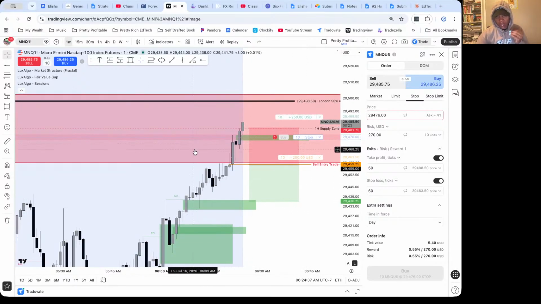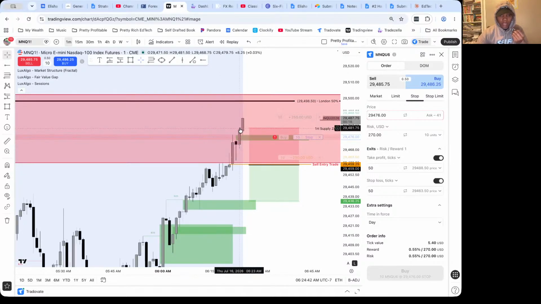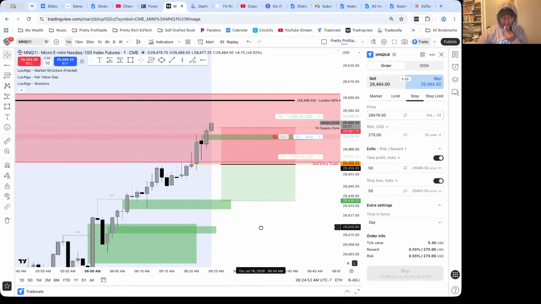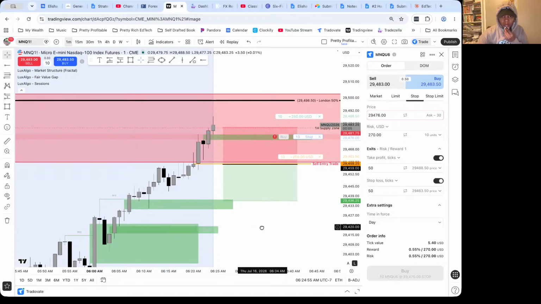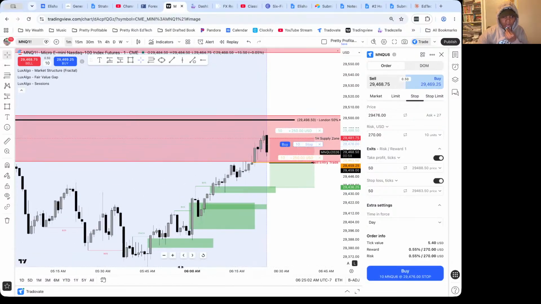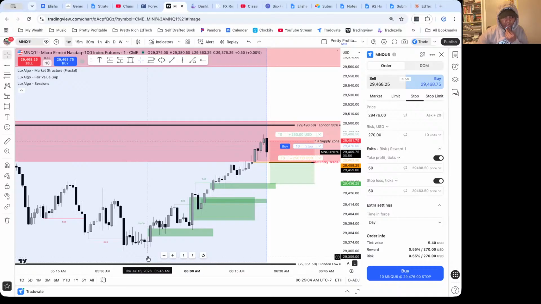The zone does not become invalid until the candles close through it and outside of it. And currently, it's been in an uptrend since this candle. It was not a rejection candle, but yeah, 545.